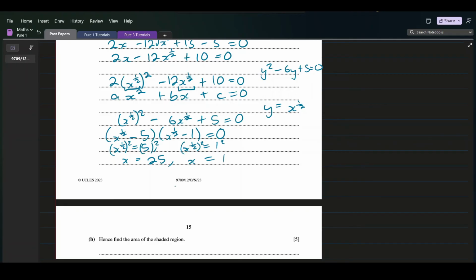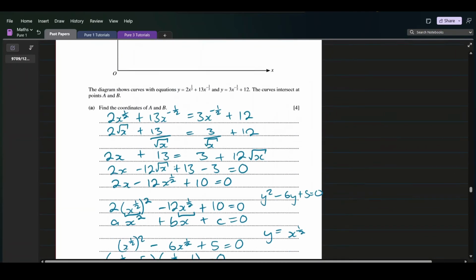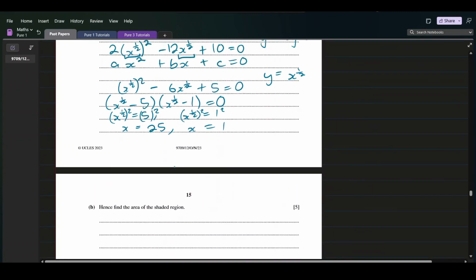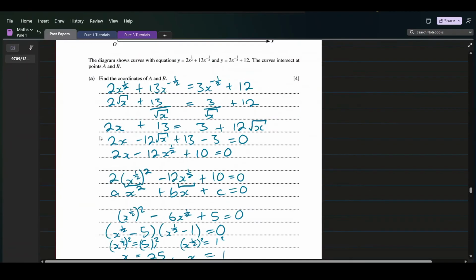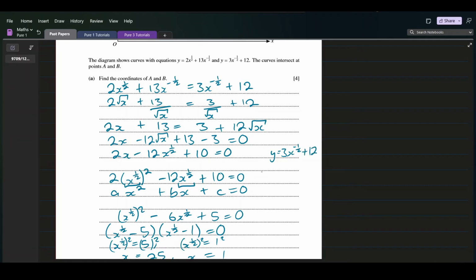Get x is 1. And we want the coordinates of A and B, so we also have to evaluate the y coordinates since we have the x coordinates. We've got y is equal to 3x to the minus half plus 12. So let's evaluate at x is equal to 25.